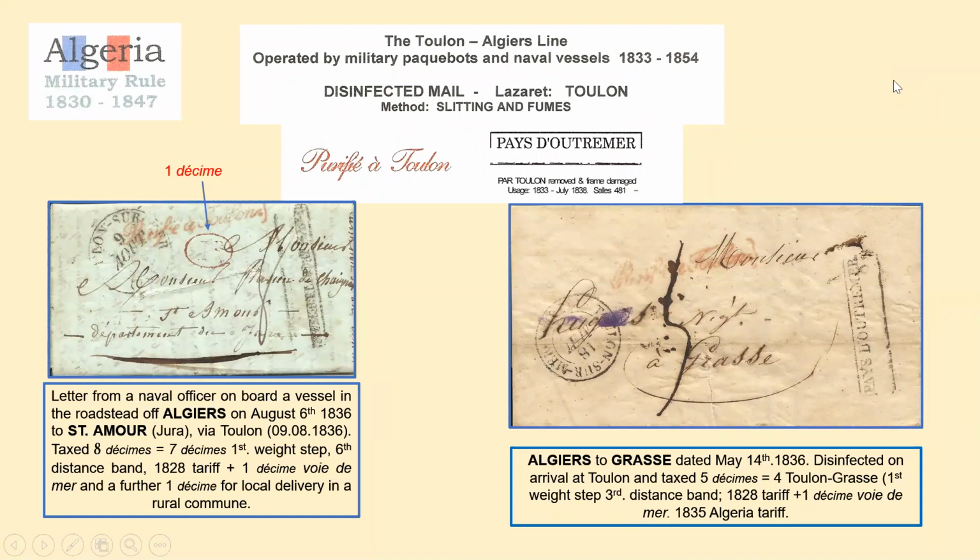Mail from and to Algeria was operated by military boats, naval vessels, out of the port of Toulon, and this one again is disinfected at Toulon with a different hand stamp.